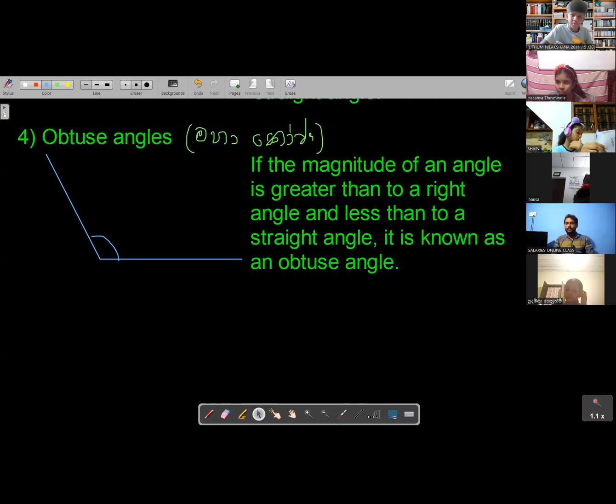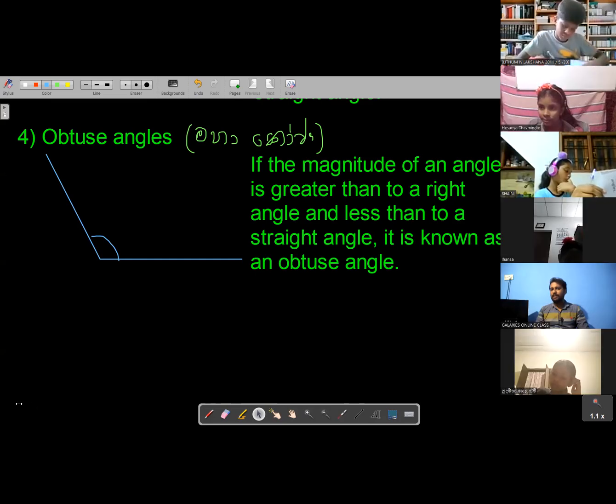Right, quickly complete. Okay, another type we have to discuss about the angles. Now you know there are 4 types.